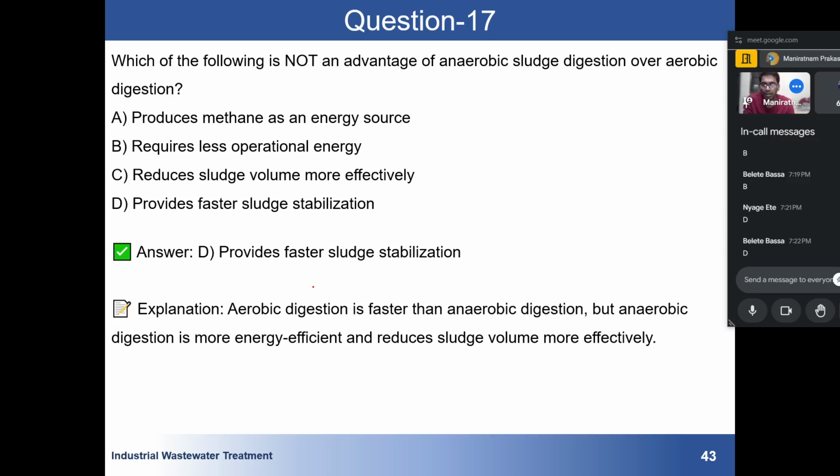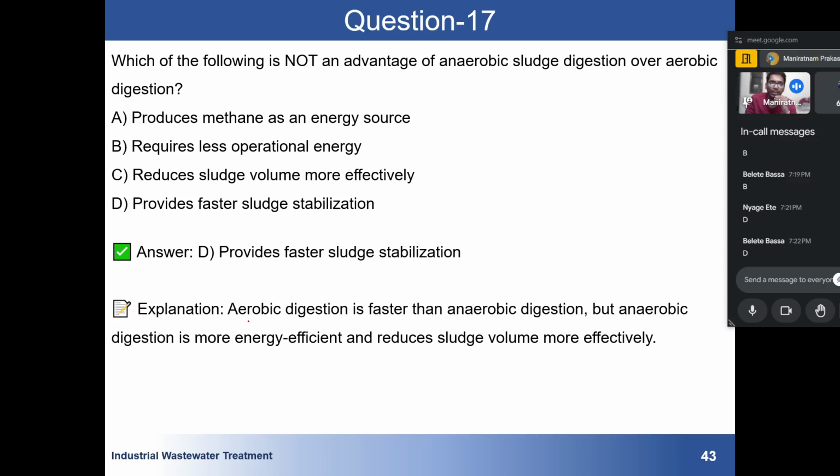It can be a little bit confusing, but remember, when we are talking about stabilization, if you recall, in anaerobic digestion we have to maintain several things, like pH and the C by N ratio, and there are several other things also.